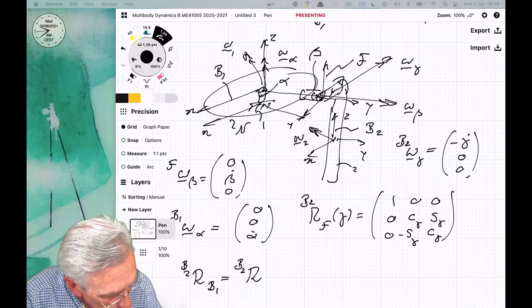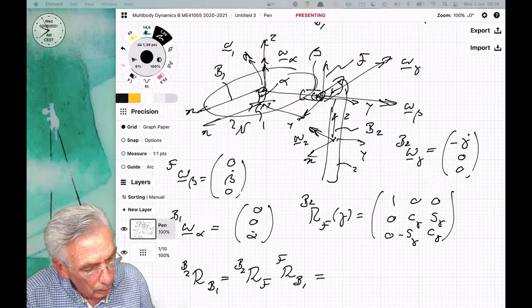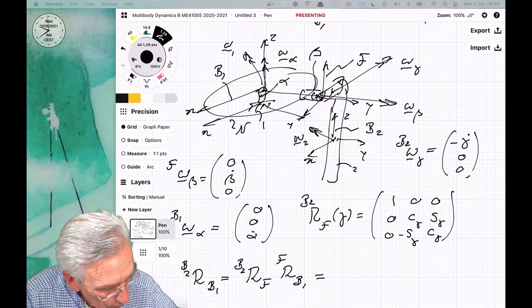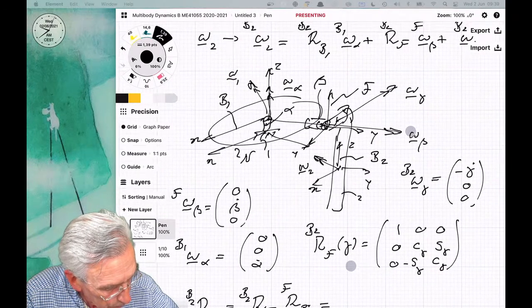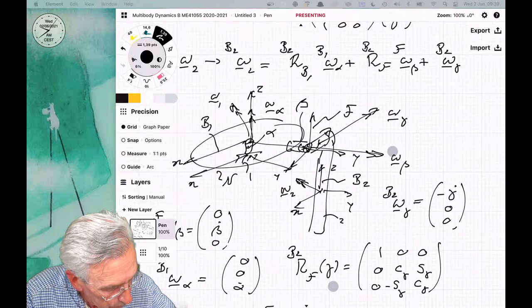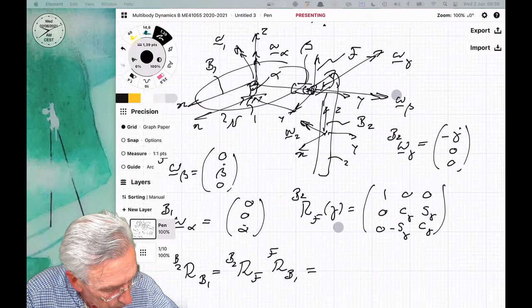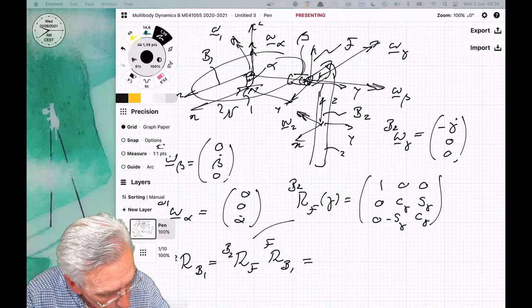Intermediate is the F, and then the rotation matrix from F, B1. What did I do wrong? Oh yeah, that's good. B2F, yeah. Well, B2F we already have, right? That's this guy.